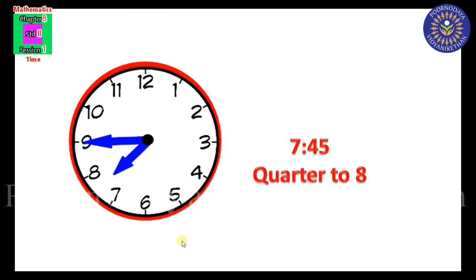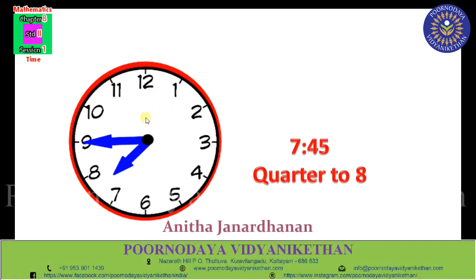Also we can say quarter to 8, not 7. Listen carefully. Quarter to 8. Here the minute hand needs to pass 1 quarter to reach 8. Clear? 7:45 means quarter to 8.